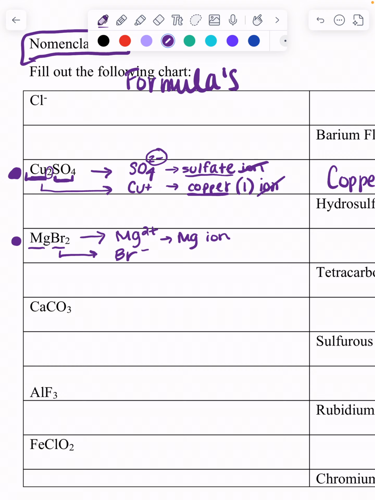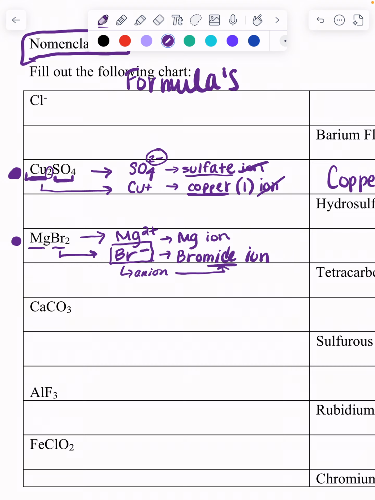But we know that this will be bromine, or in other words, bromide ion. Anything that is a singular element with a negative charge, meaning that it is an anion, the ending will be changed to "ide" every single time, right? So this is going to be a bromide ion.